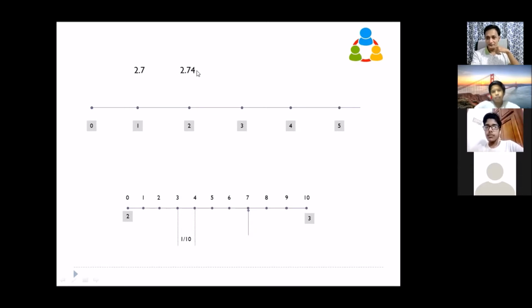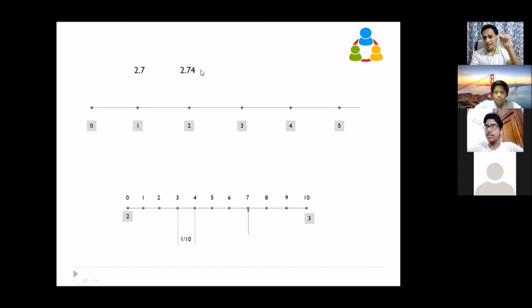What is 2.74? Where will that fall? Between 2.7 and 2.8. So what did this 4 do to this value? Divide it again into 10 more parts, but what is its utility? What is its function? To get more accurate. To get more accuracy.